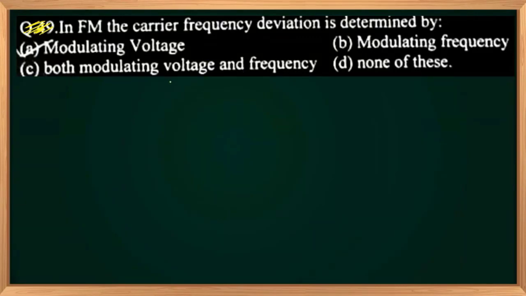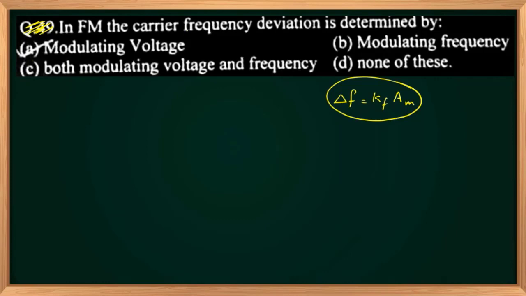Chetna says option A. Akhil says option A, modulating voltage. Is there any confusion? Frequency deviation delta F is given by KF into AM. This is the frequency deviation, so it is determined by modulating voltage only.